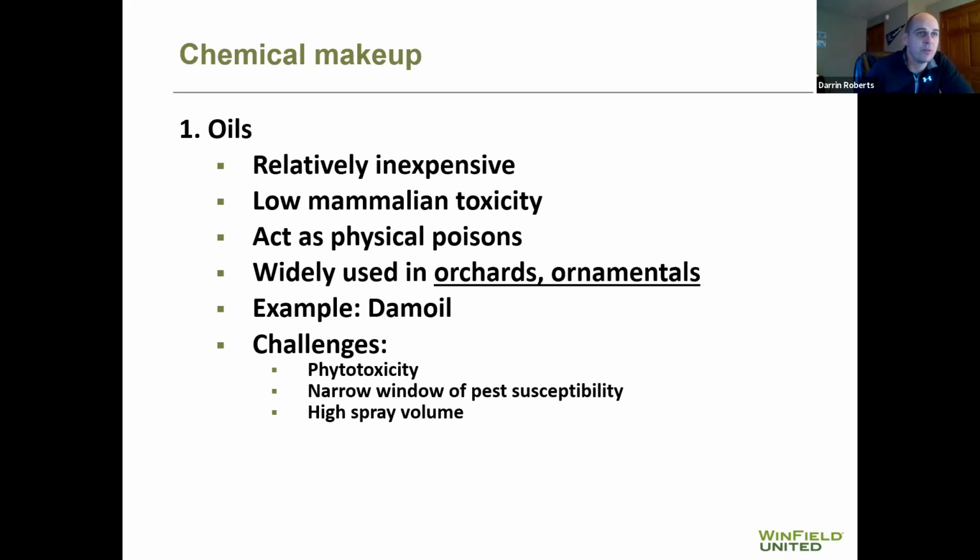And this would be things like your dormant oil that you could apply to inhibit the insects before they emerge. With these, you have to use a high spray volume. They're relatively inexpensive, with low mammalian toxicity, so that's a plus for these. But like I said, most of these are used in trees, and they're used kind of to suffocate those insects before they develop. Okay, so oils.